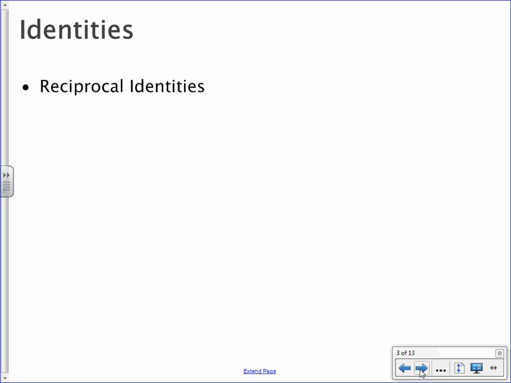The first identities we're going to talk about are the reciprocal identities. You already know these. When I say reciprocal in our trig chapter, what do you think of? Cotangent. And what do we know about cotangent? It's the reciprocal of tangent, 1 over tangent.